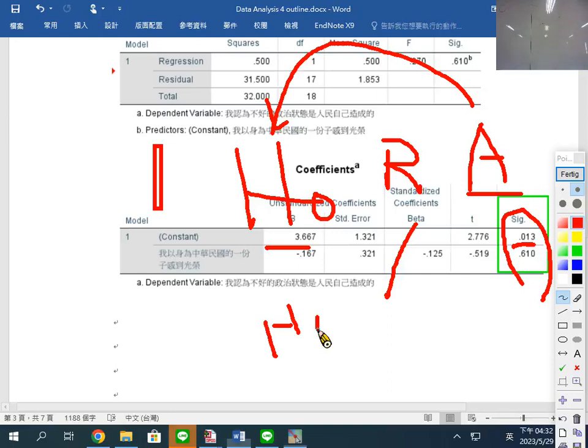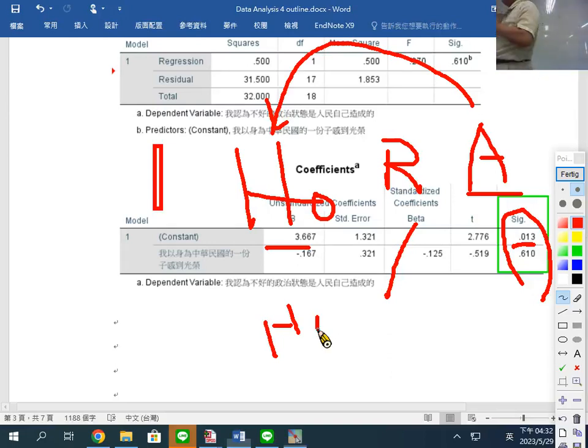One is the null hypothesis. The other one is anything else, and the anything else is the alternate hypothesis. So if we accept this one, then we have to reject this one. Is that right?